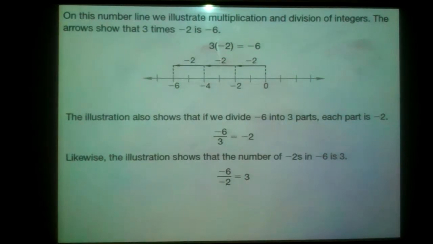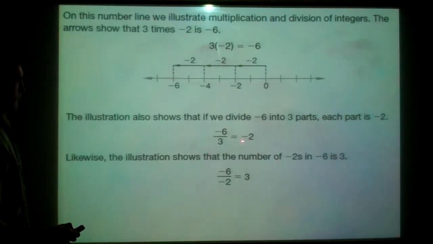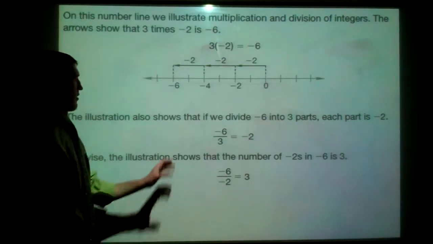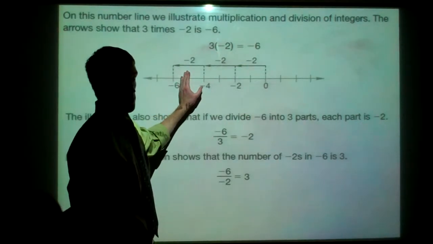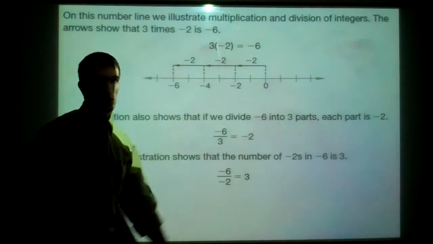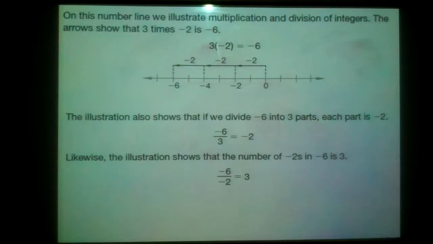And the illustration also shows that if we divide -6 into 3 parts, each part is -2. So that tells us that -6 divided by 3 has to equal -2. Looking at these divided into 3 parts, we can see -2 for each section. Likewise, the illustration shows that the number of -2's in -6 is 3.